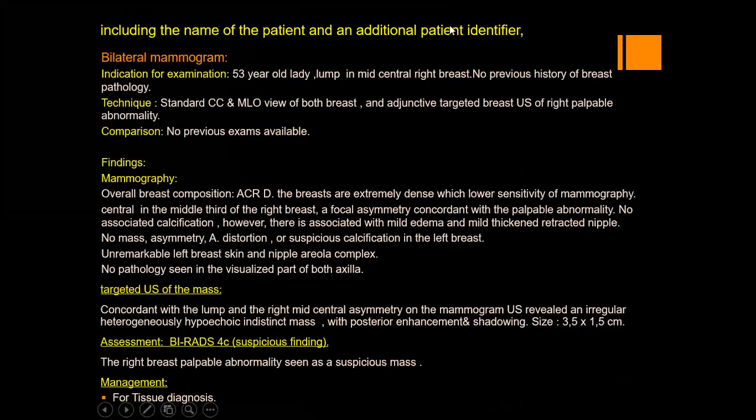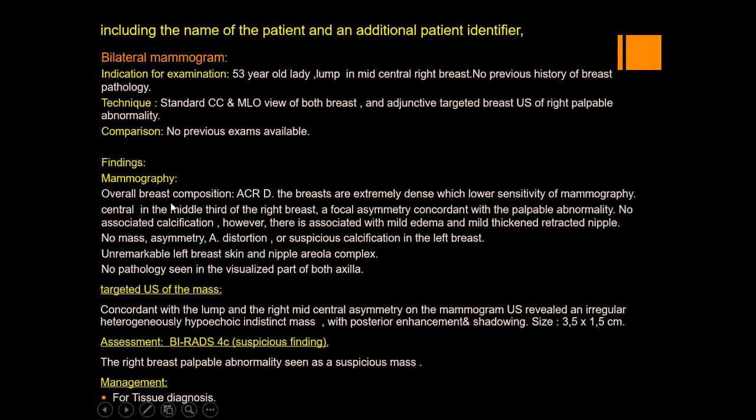The report starts with the patient information about the patient identity, and then bilateral mammogram, indications for examination, technique: standard CC and MLO, and adjunctive targeted ultrasound of the right palpable abnormality. If it is screening, bilateral ultrasound, you can just mention comparison: no previous exam available.